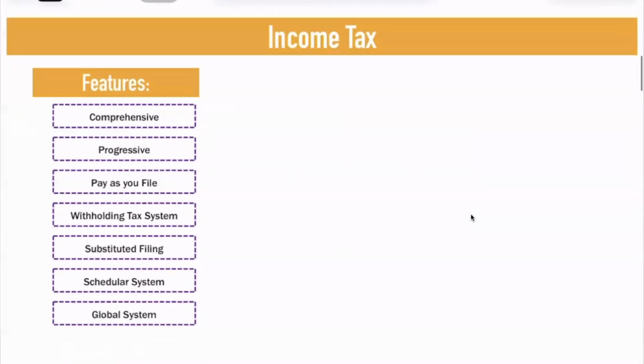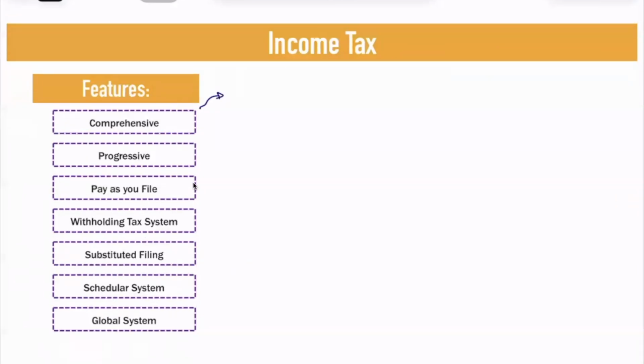Now let's go to the features of your income tax. The first feature of your income tax is that it is comprehensive. So what do we mean by comprehensive? If you still remember the features of taxation, our mnemonic here is COPS. What is COPS again? It is comprehensive, unlimited, plenary, and supreme.